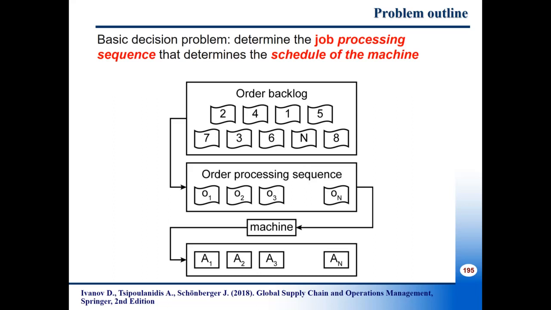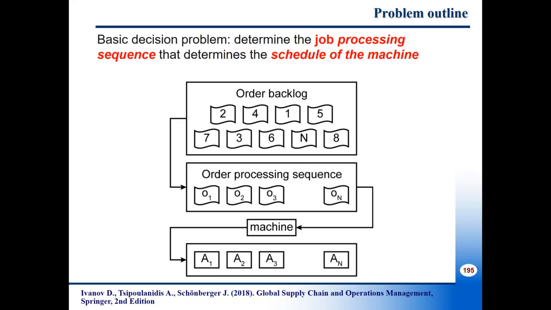Fulfilling a job means using the machine to execute the manufacturing tasks requested by customers that are associated with a job. All jobs from the job backlog are ordered, and jobs from the backlog are consecutively processed by the machine in the order determined by the job sequence, in this case order number 1 O1, order number 2 O2, and so on until order number n.